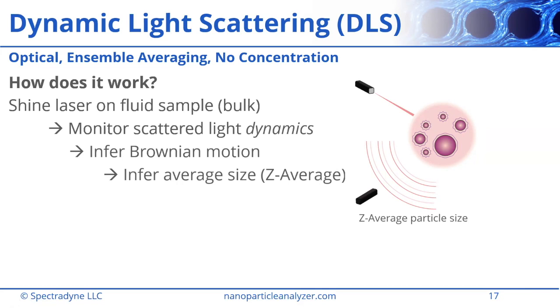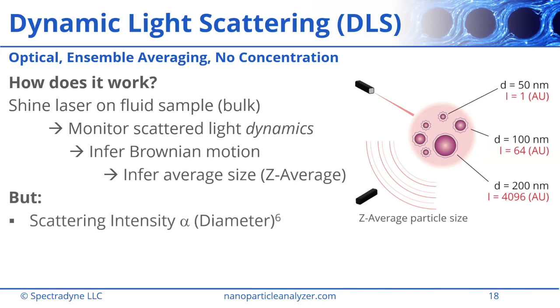However, there's a limitation here, and that is that small particles scatter much, much less strongly than large particles. In fact, the dependence is that the scattering intensity is proportional to the diameter of the particle to the 6th power.